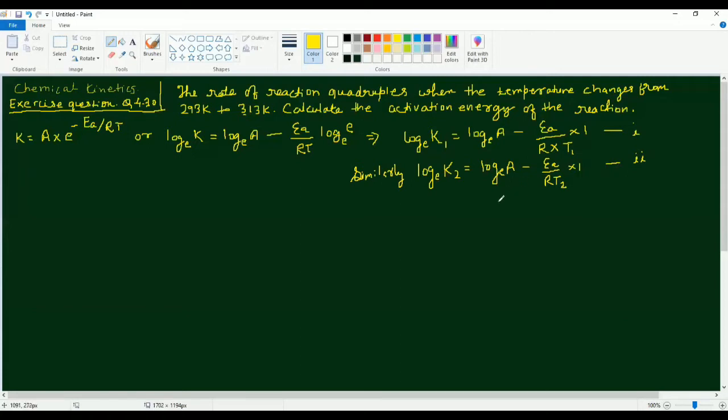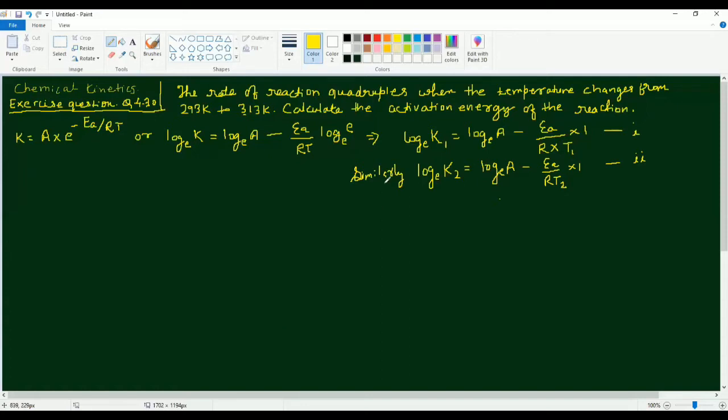Now we can subtract equation 1 from equation 2 or equation 2 from equation 1. Either way we can do. But if you subtract equation 1 from equation 2, then equation 1 will come in the denominator and equation 2 will come in the numerator.